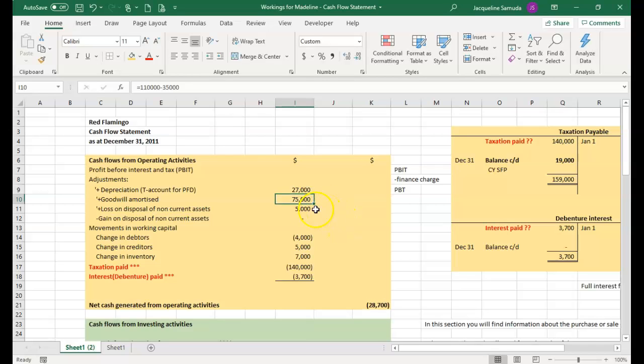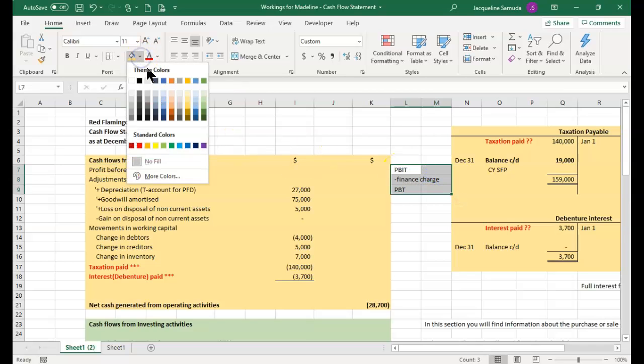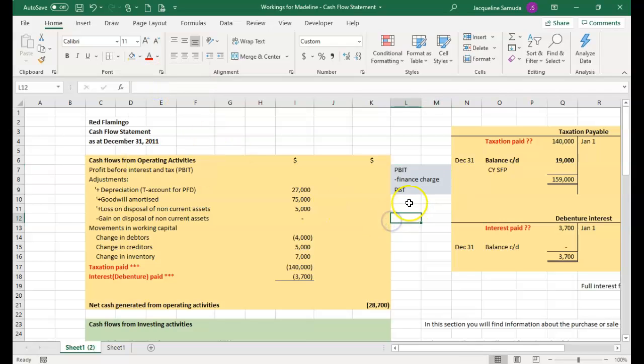So now we can wrap up this section of the cash flow by looking at the profit by working out the profit before interest and tax. So at the last class, I was showing you this little calculation here because the question gives you PBT, but we are interested in PBIT.